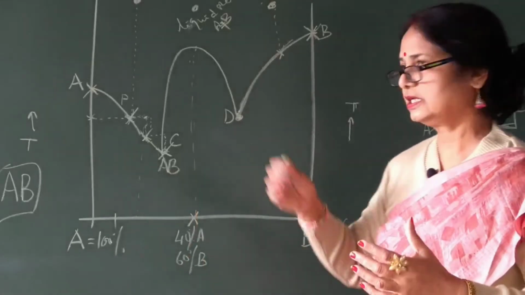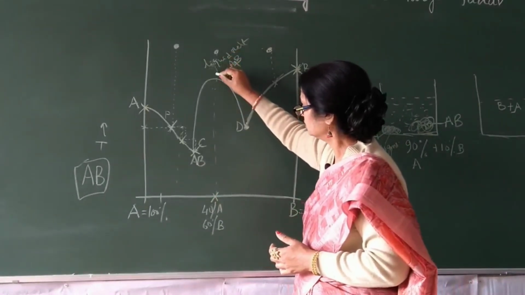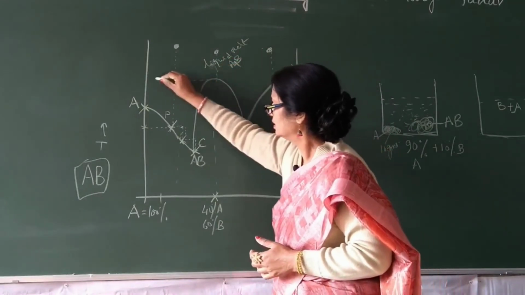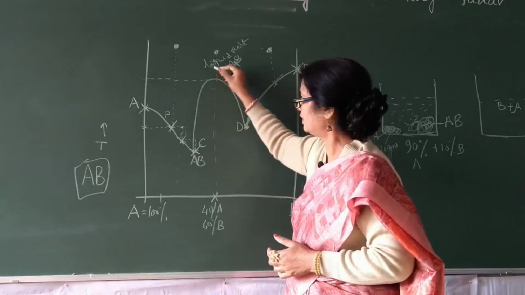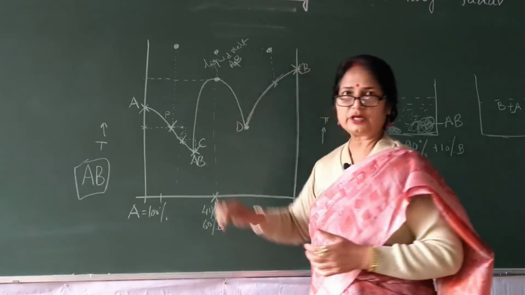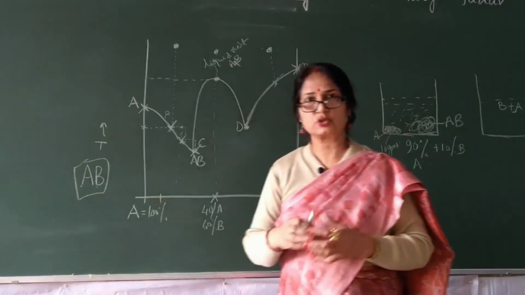So when we decrease the temperature at this point, what will happen? It will be lowered to this particular temperature, and what will happen at this point? A new compound which is being formed, AB, that will solidify.